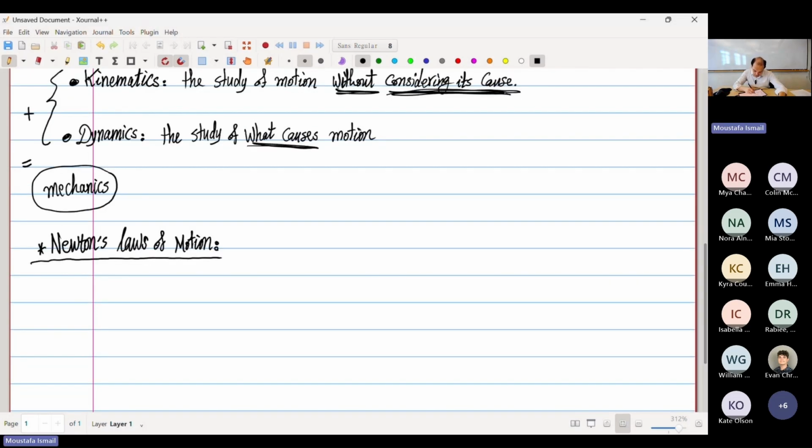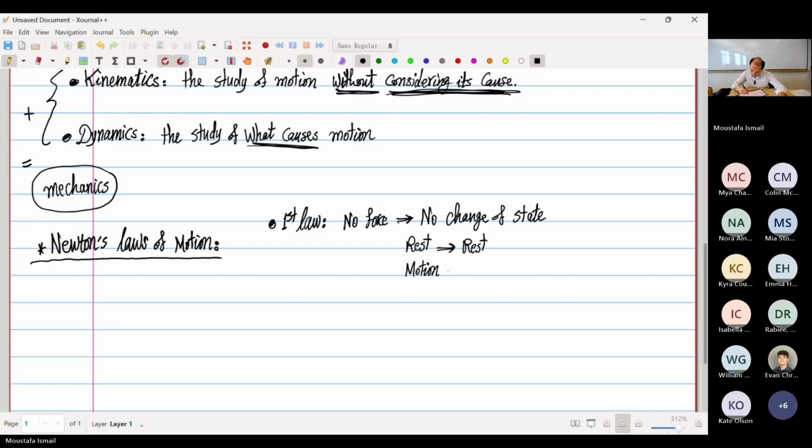So Newton's first law, no force, no change of state. So rest remains at rest, and motion remains at motion.